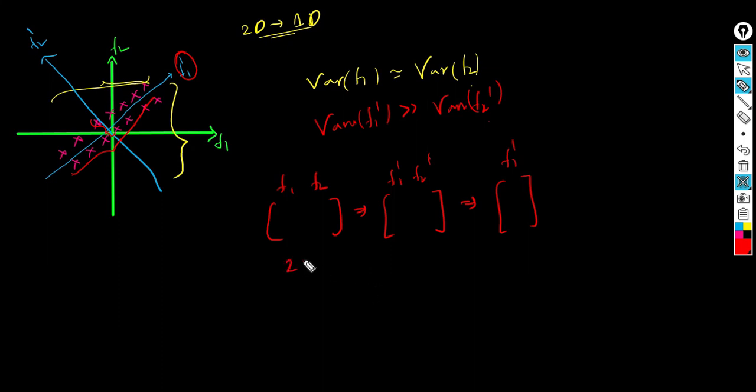Initially we have two-dimensional data, and now we will convert it into a single dimension. But how we can get this F1 dash is the most important thing. For that we will see the calculations of PCA.